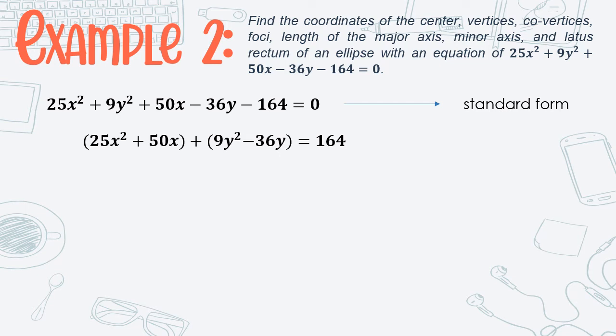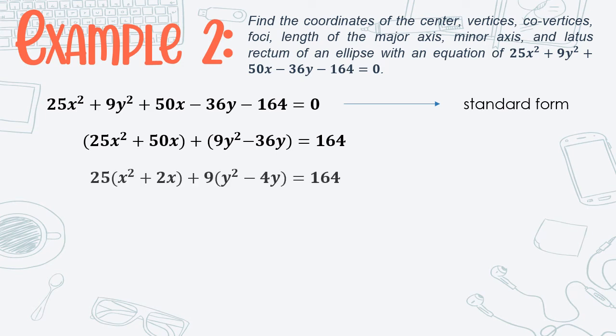Again, move the constant term to the other side of the equation and group all the terms with the same variable. Now, as you can see, our first terms have a numerical coefficient that is more than 1. As you can see, we have 25 and 9. So let's factor out some terms first.